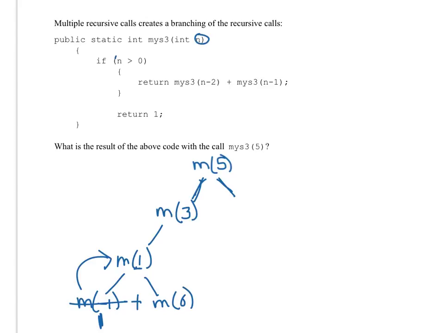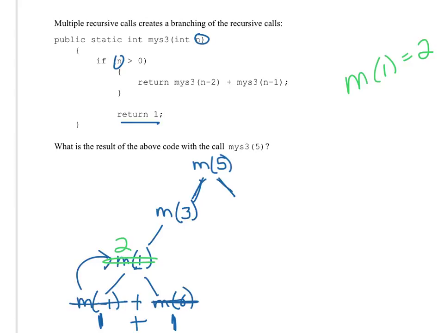If you do 0 here, 0 is not greater than 0, so this one will also return 1. Right, so 1 plus 1, so now this guy here is 2. So I figured out what M1 is. So anytime I see M1, I know it's going to be 2. That might be useful later so that I don't have to retrace this 17 times.